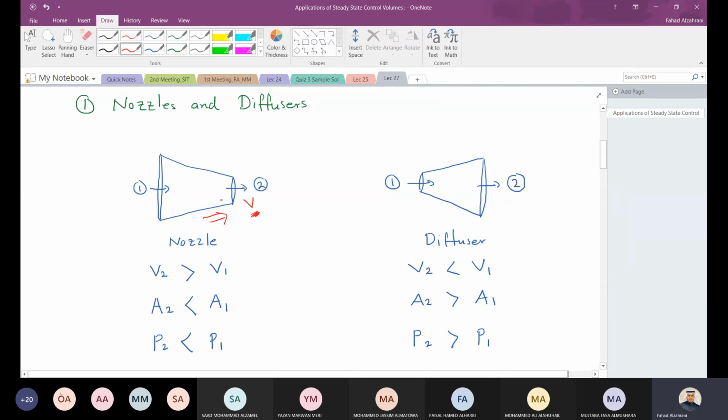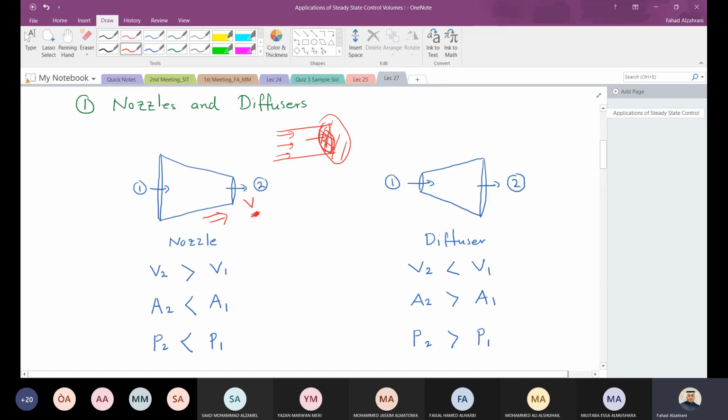So how does reducing the flow cross-sectional area increase the velocity? You can think of it like this. Let's say you have a flow in a pipe, and suddenly you decide to block this flow by putting your hand there.